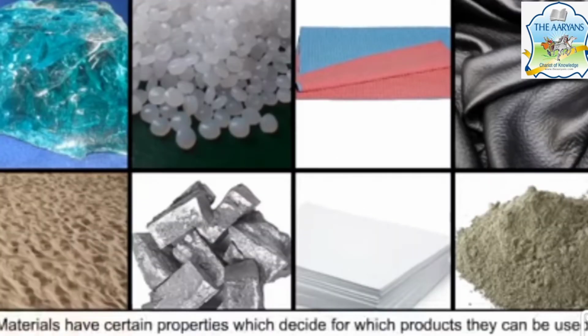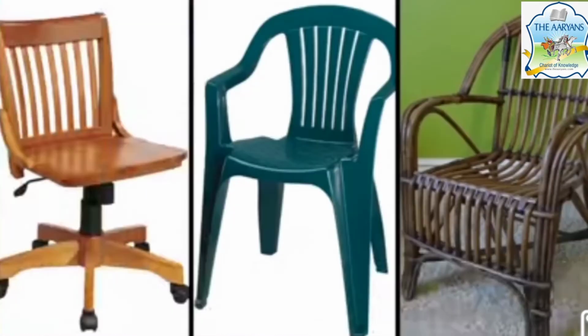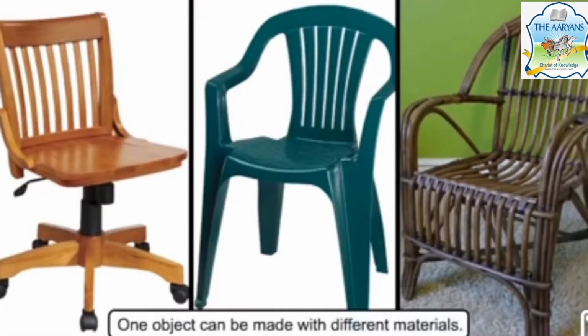So materials have certain properties which decide for which products they can be used. For example, these all are chairs, but all the chairs can be made with different materials.